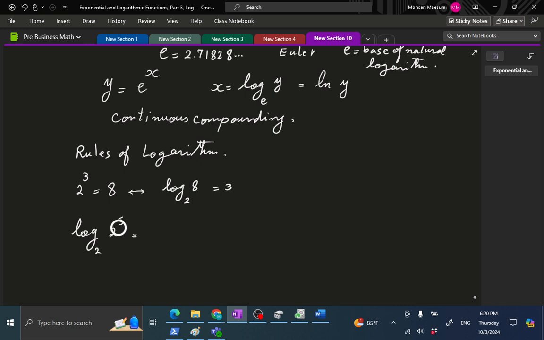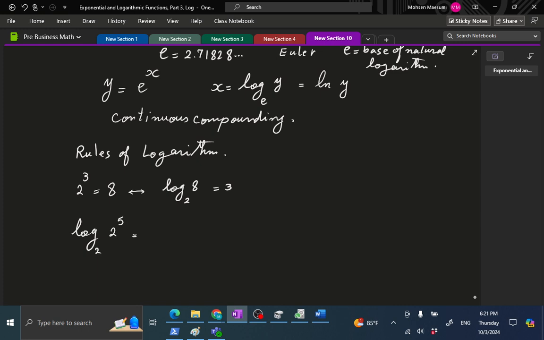We are asking what's the logarithm of 32 in base 2, but I'm making it easier on you. I say that 32 itself is 2 to the power of 5. Now we are asking what is the logarithm of that in base 2. Remember what happened here. The answer is whatever it takes to raise this base to that exponent to get that. So we are asking 2 raised to the power of what is 2 to the power of 5.